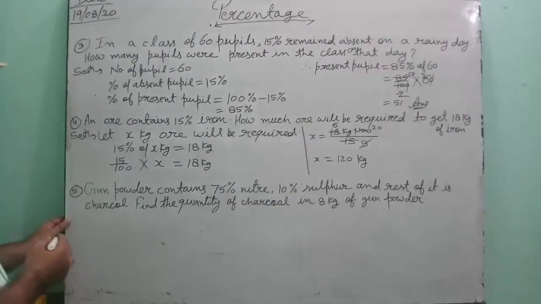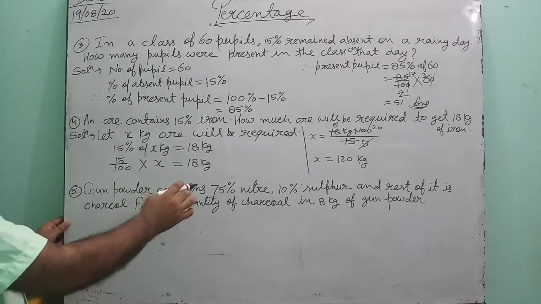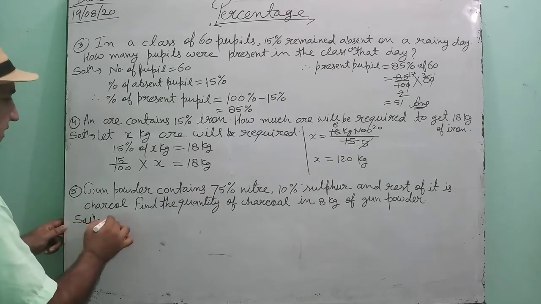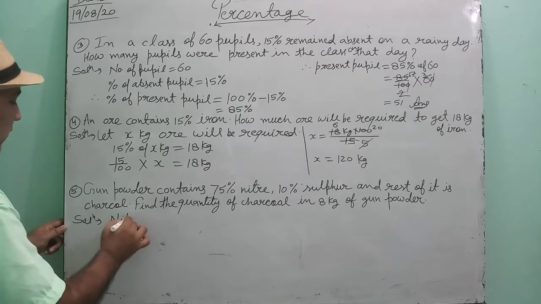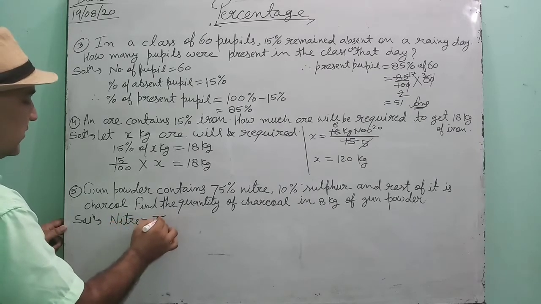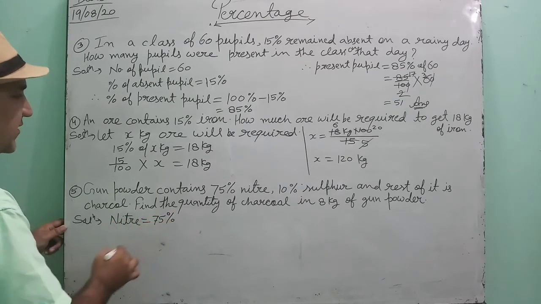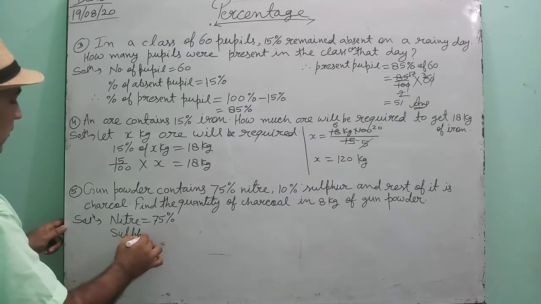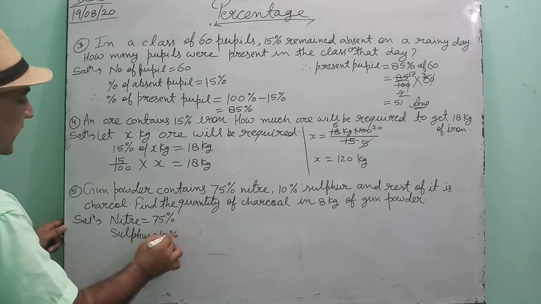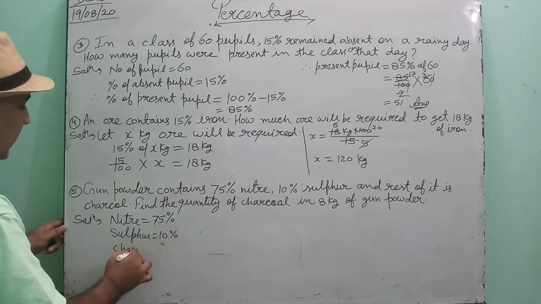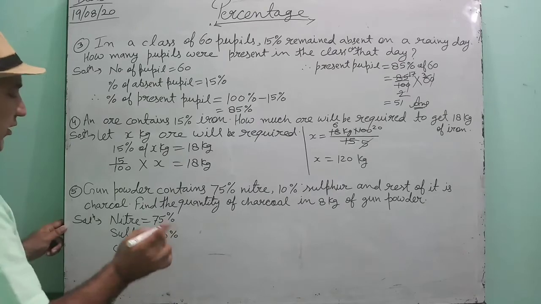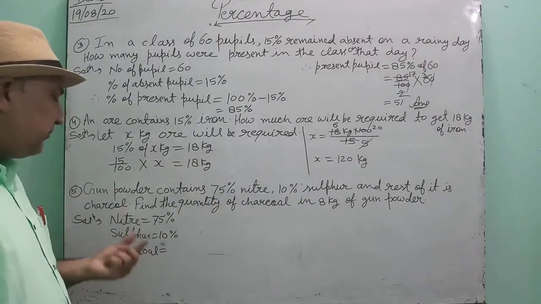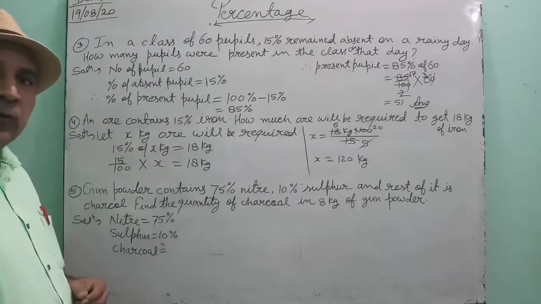Okay, now see this question. Gunpowder contains 75% nitre, 10% sulfur, and the rest is charcoal. Can you tell me what will be the percentage of charcoal?